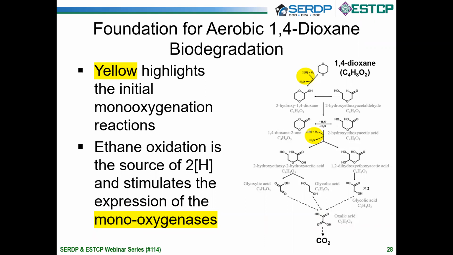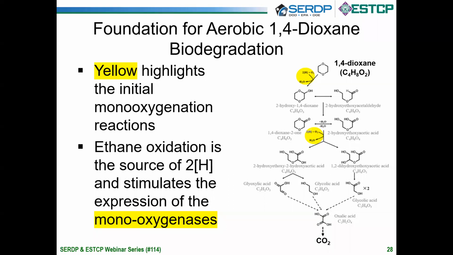These are the two monooxygenation reactions that are essential for getting the process started. And in the monooxygenation, oxygen, O2, is a direct reactant, as well as an internal source of electrons that's shown as 2H. And so in the first highlighted step, we insert a hydroxyl group, and in the second highlighted step, we insert another hydroxyl group, and we also break open the ring.